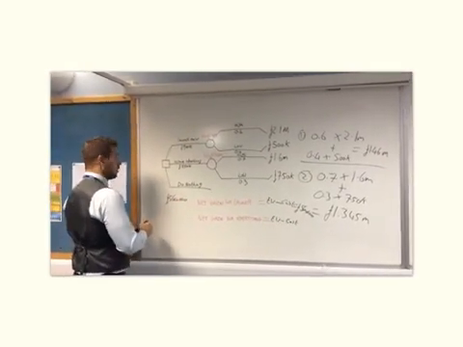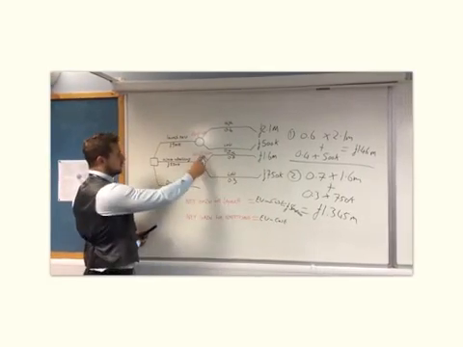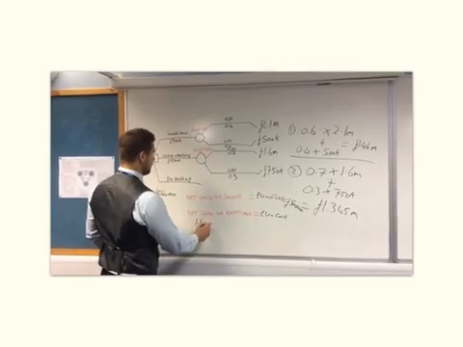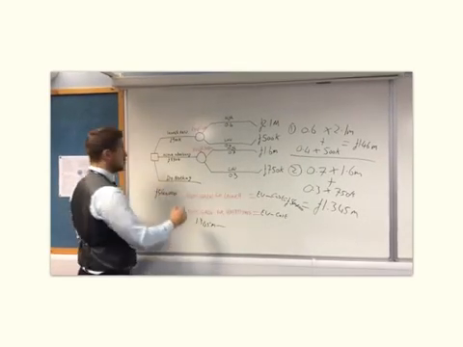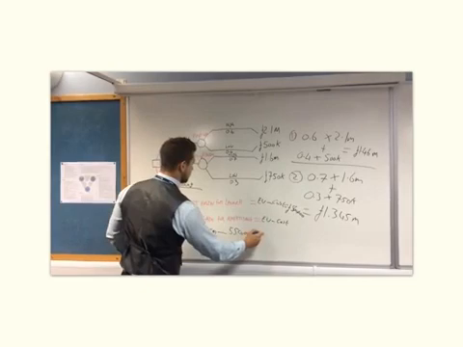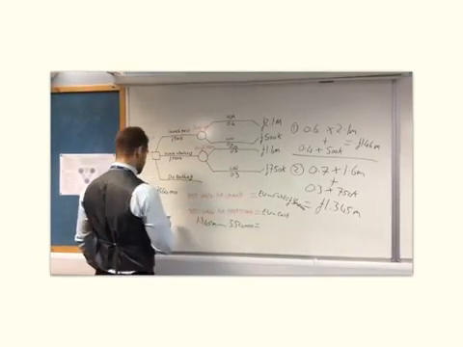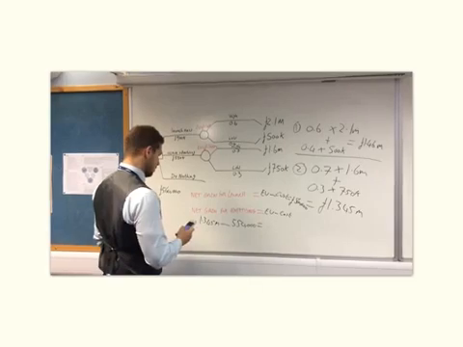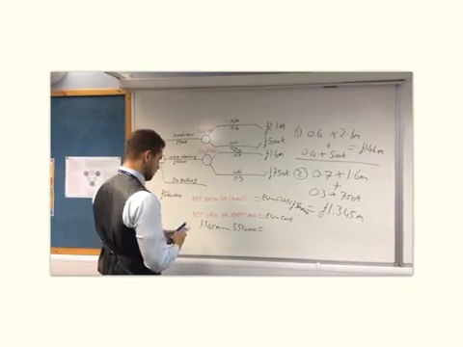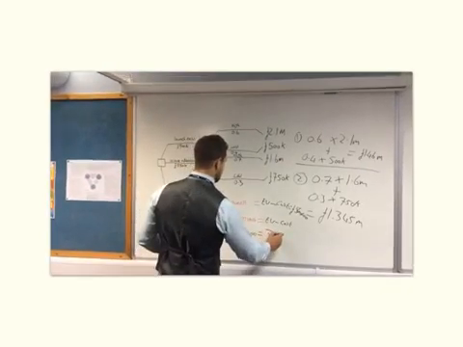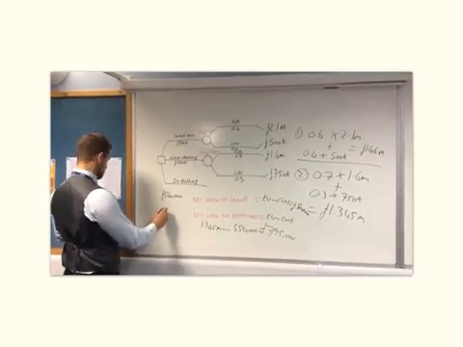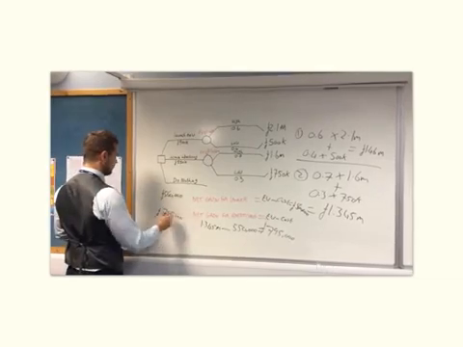We do exactly the same for the second one. We've got the expected value, which is 1.345 million. We must deduct the cost, which is 550,000, which gives us the net gain for this option: 795,000.